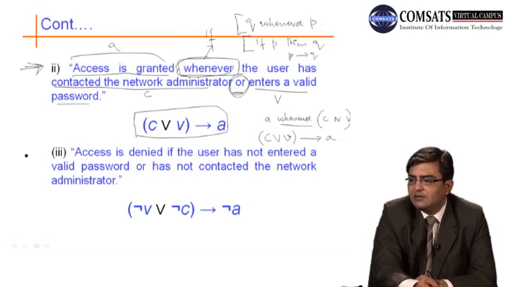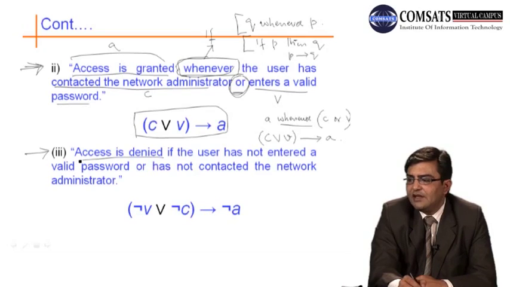Another example: access is denied. Access is denied is basically the negation of access is granted. So we have one proposition here, which is the negation of A, here we have not A, and we have the logical connective if here.